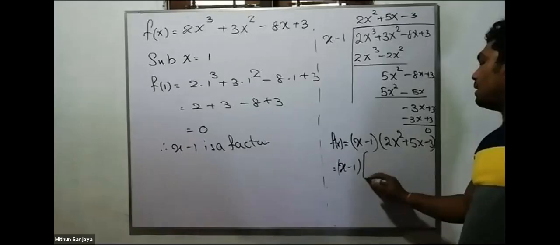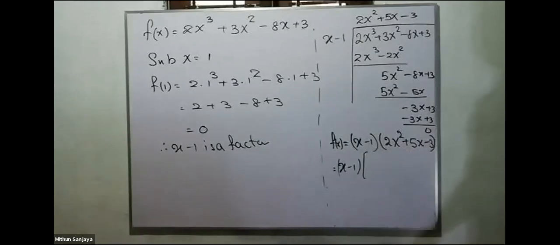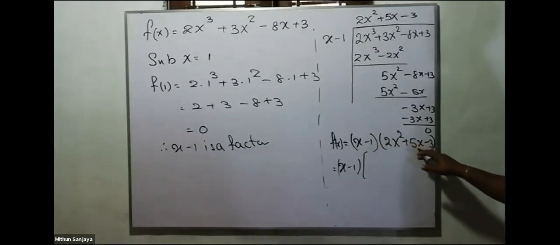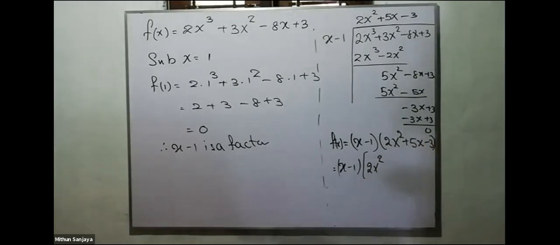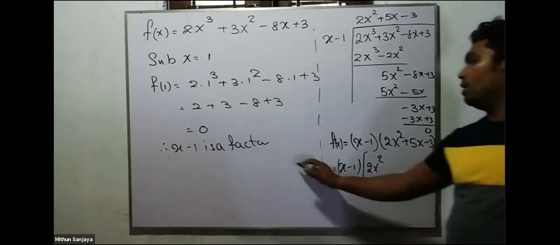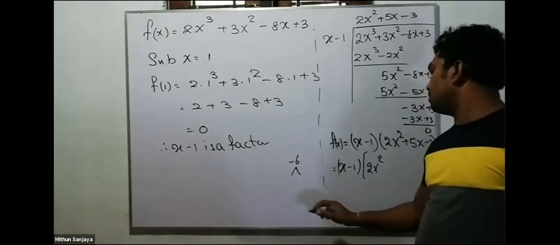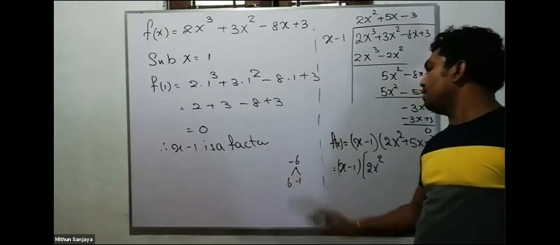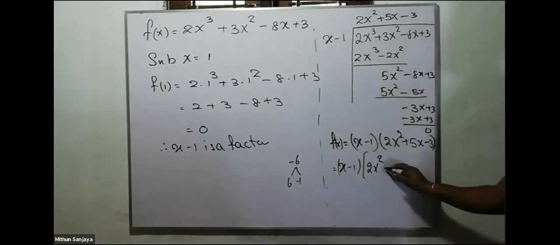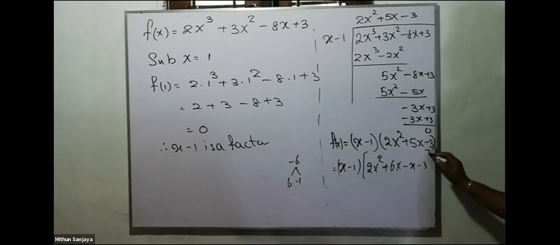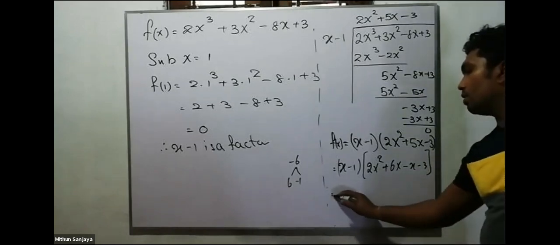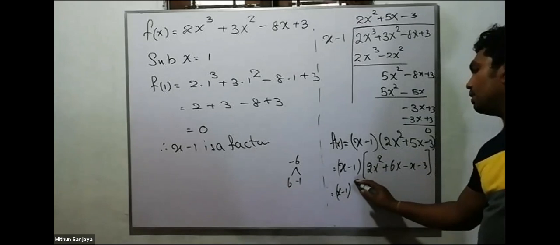Next, x − 1. Now we can't write this in one step. So 2 times −3 is −6. Then we need to break the middle term. Here we need to get −6, which is 6 times −1. Then 2x² + 6x − x − 3.